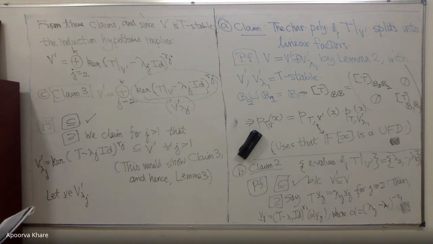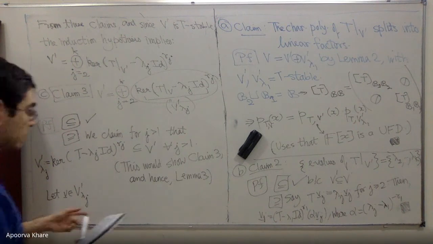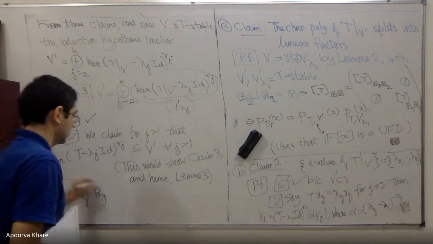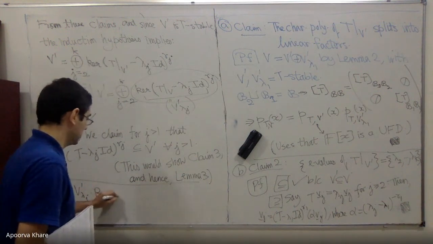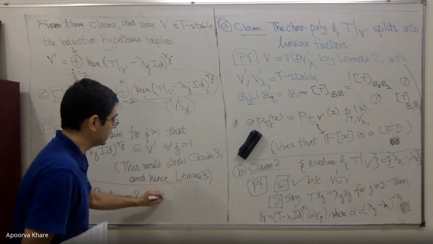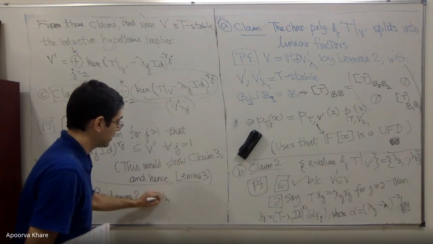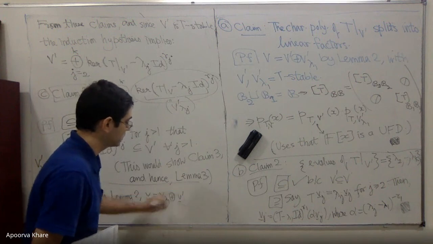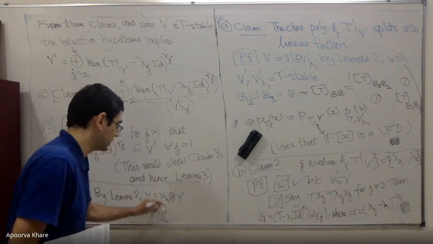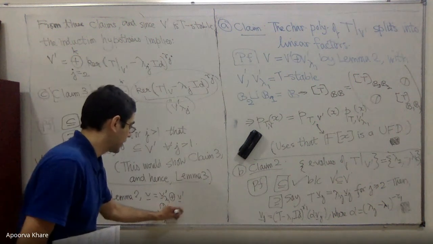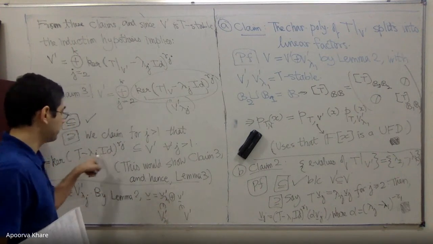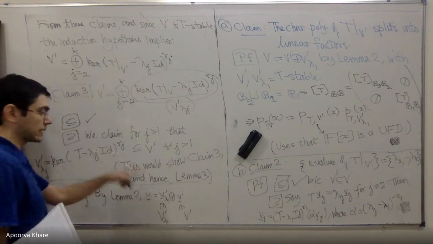Now you can write this down in terms of lemma 2. By lemma 2, V equals V lambda 1 direct sum V prime, where V lambda 1 is in V lambda 1, and this is of course in V prime. This is the kernel of this map for j equal to 1, and this is the image of the exact same map.